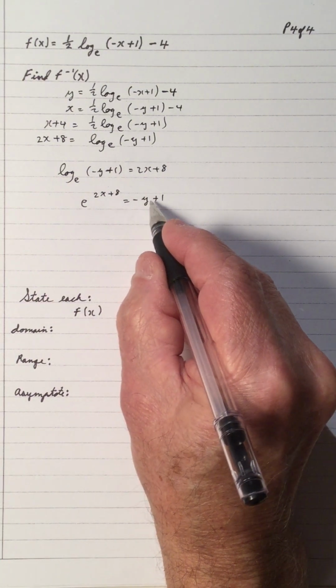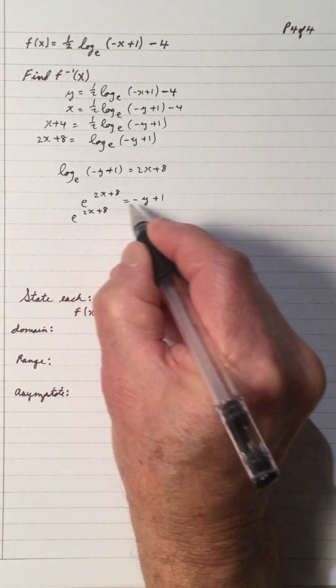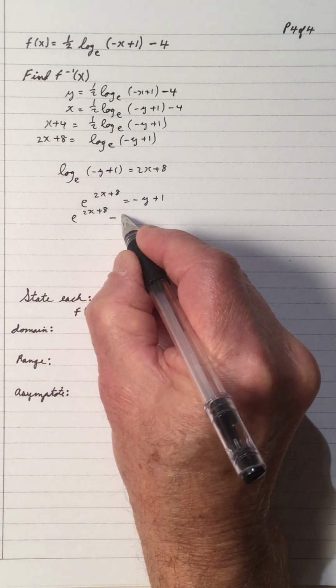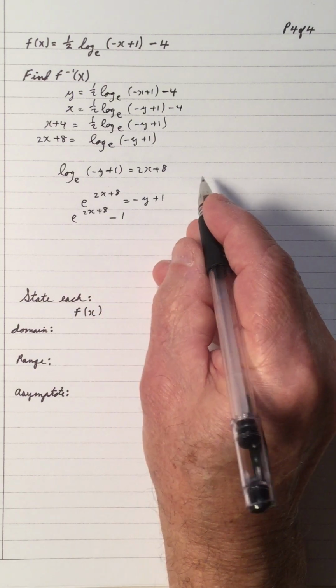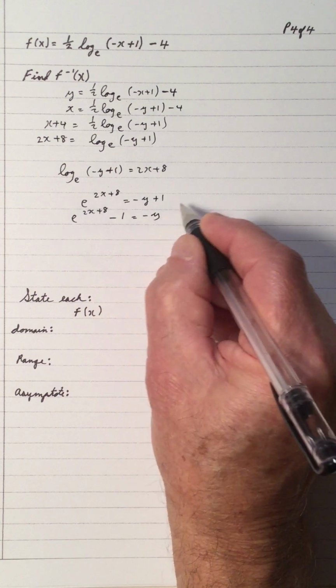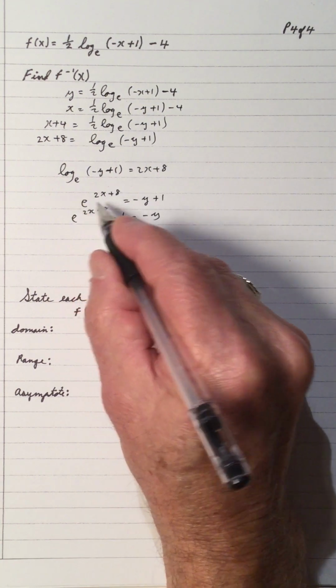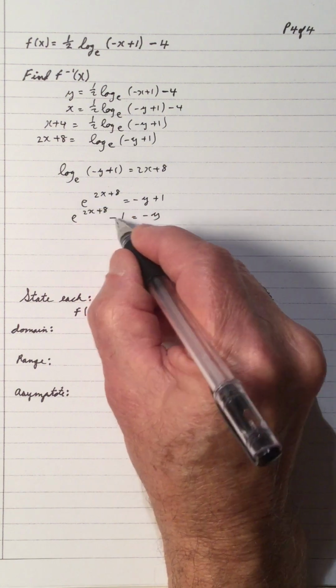But I'm trying to solve for y. So e to the 2x plus 8 minus 1 equals negative y. I'm trying to get it, so I got to move the plus 1 over here, make a minus.